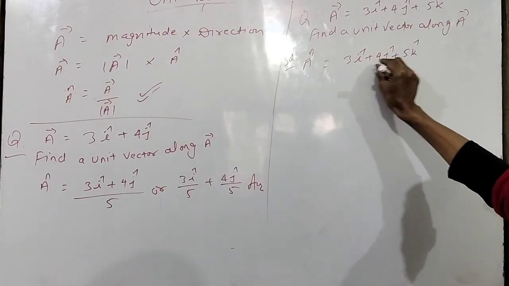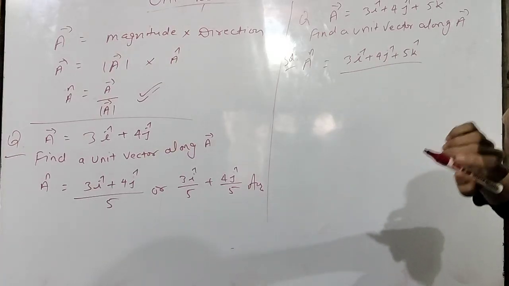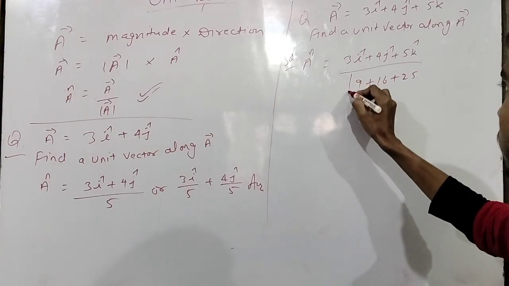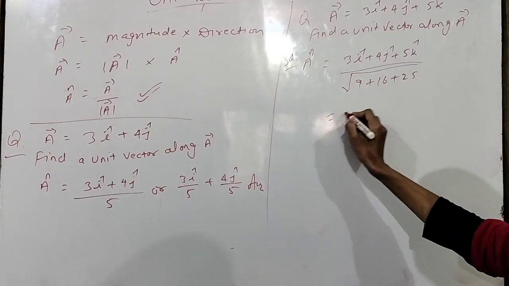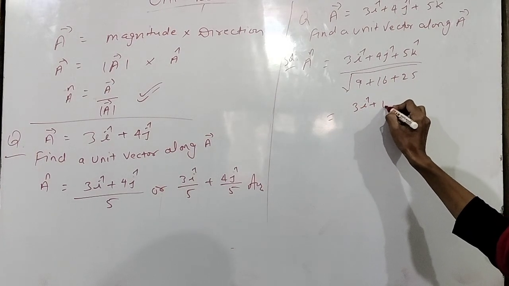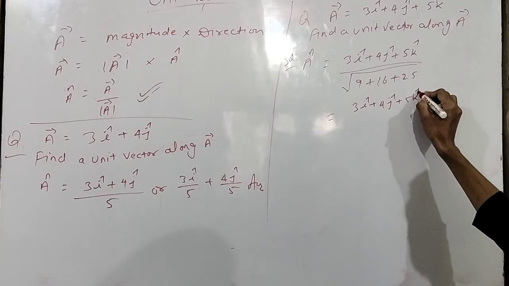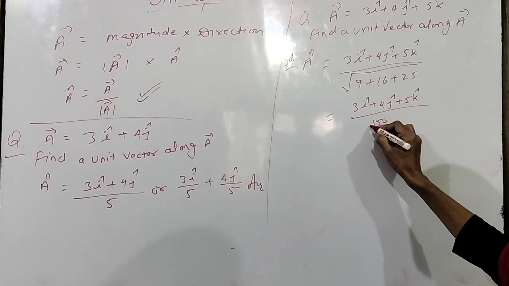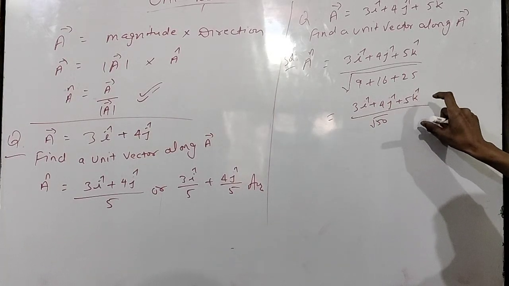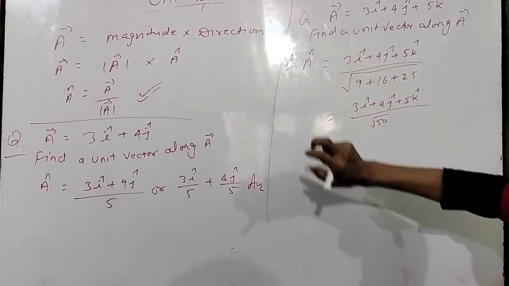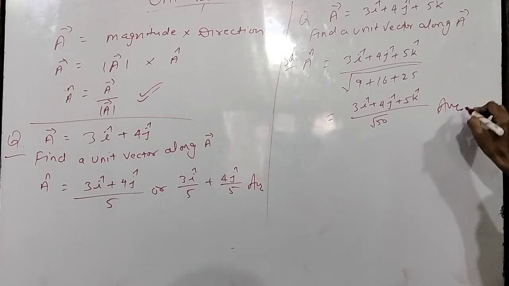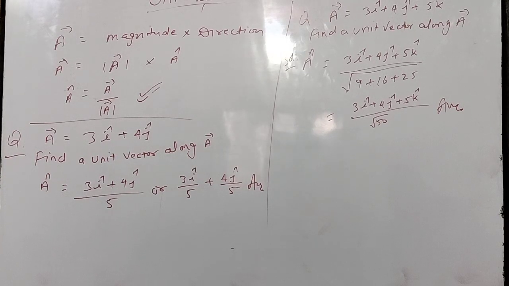That's why don't remove this i cap, j cap, k cap, upon the magnitude of this. So 3 squared is 9, 4 squared is 16, 5 squared is 25, under root. 25 and 25 is 50. 3i plus 4j plus 5k over root of 50. You can end till here. This is your answer. It's your a cap, this unit vector. That is how you will find the unit vector along any vector.